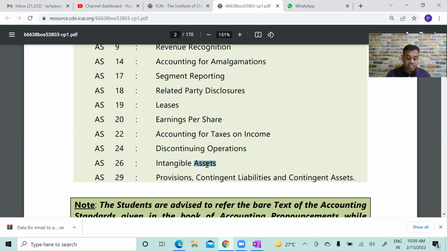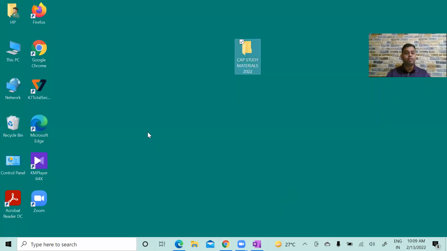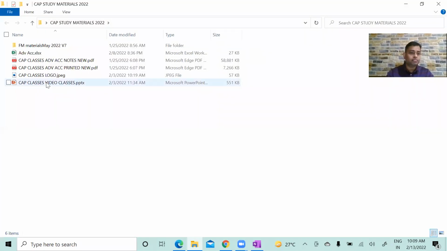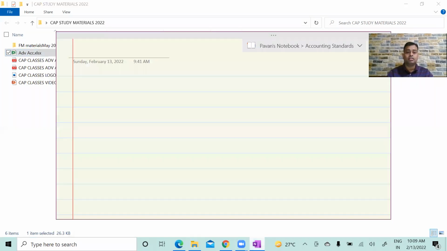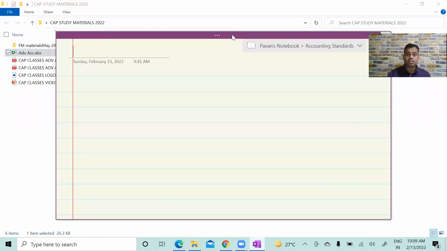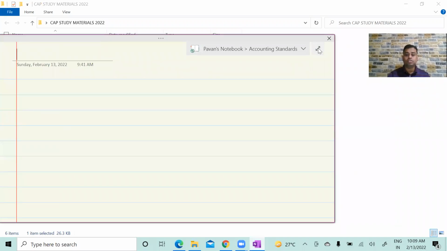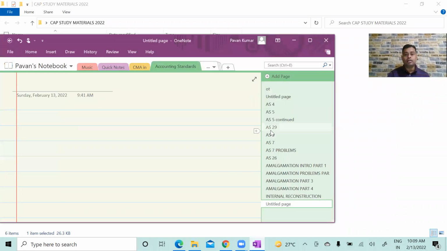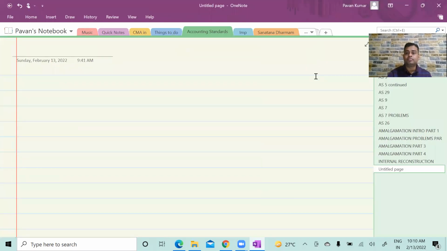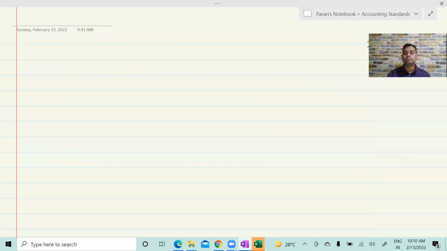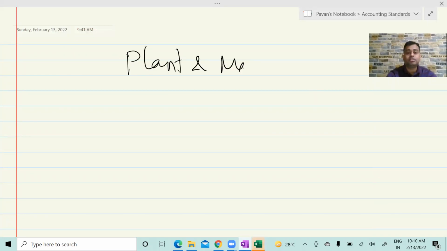Okay, give me some examples of assets. PPE, inventory. PPE is a broad category, right? So furniture, plant and machinery. So shall I write on this or shall I use my Excel? So you are saying plant and machinery. Agreed.